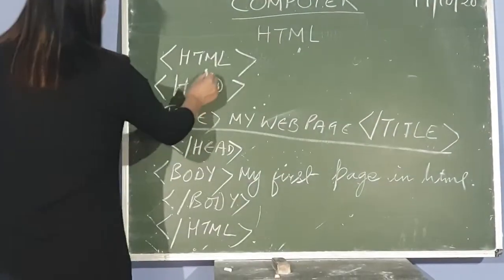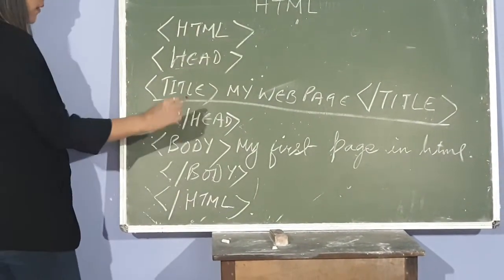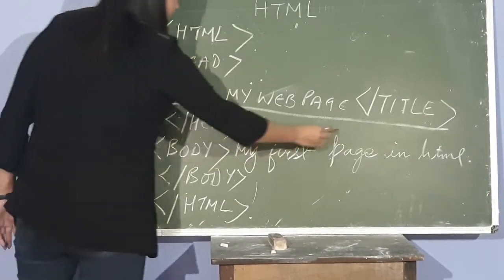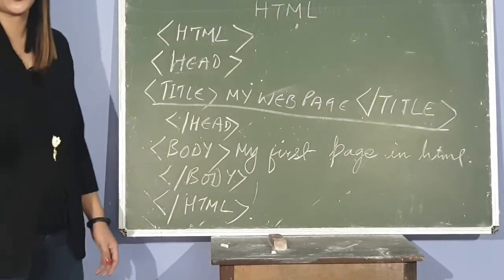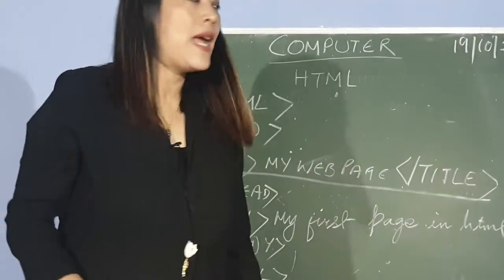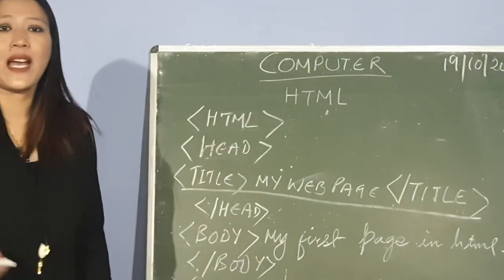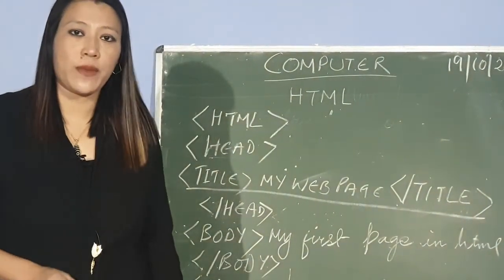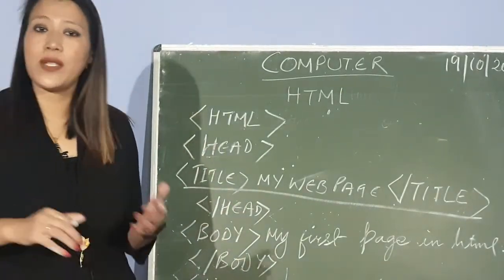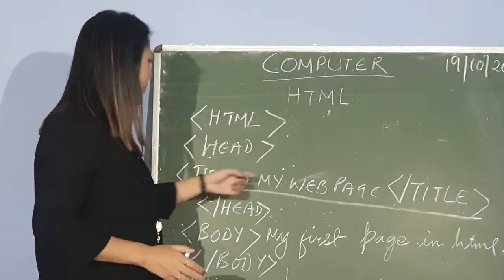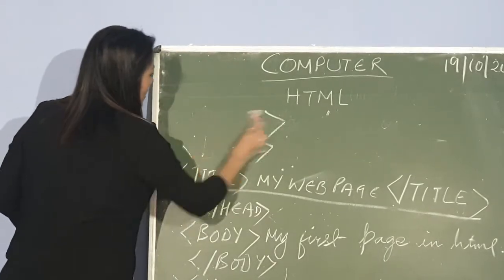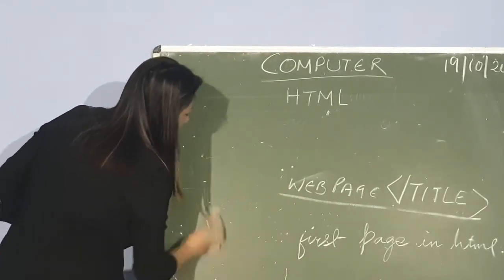So this one HTML, which has HTML with the slash, head with the head slash, title with the title slash, and body with the body slash, which is compulsory when you are writing HTML, is known as a container tag. Now these are container tags which are mandatory, which have to be there in HTML. Then other than that, there are empty tags also, for which you may not require the tag with the slash. Okay, those are known as the empty tags. So I will discuss container and empty tags here.